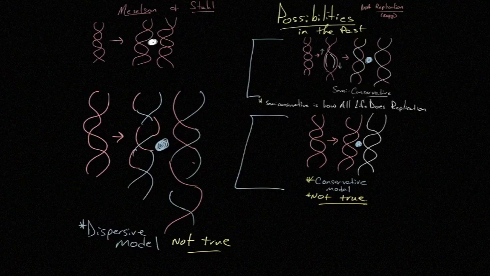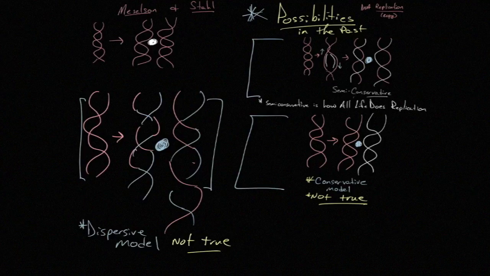But we're going to look at the experiment that showed that the most likely truth is that semi-conservative is the way that we do DNA replication today. It's clearly semi-conservative. We actually use that understanding to manipulate DNA, so we're almost absolutely sure that this is the way it is.